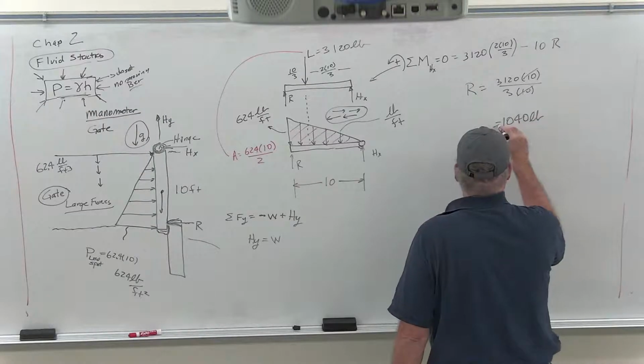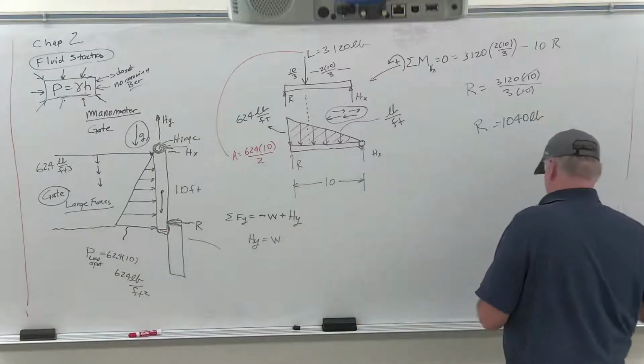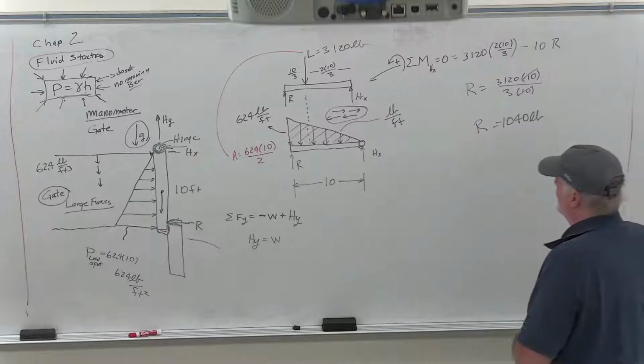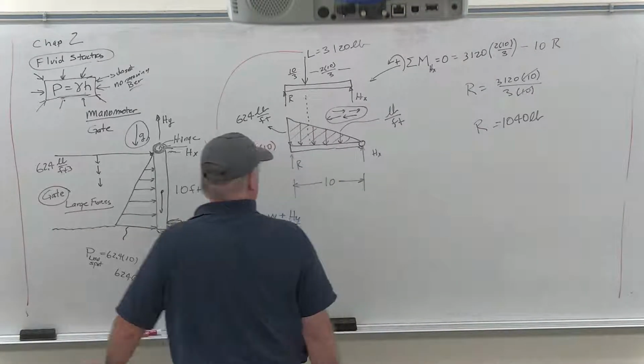The reaction load is 1,040 pounds for a 10-foot gate. Let me check that just to make sure. Yeah, 1040.